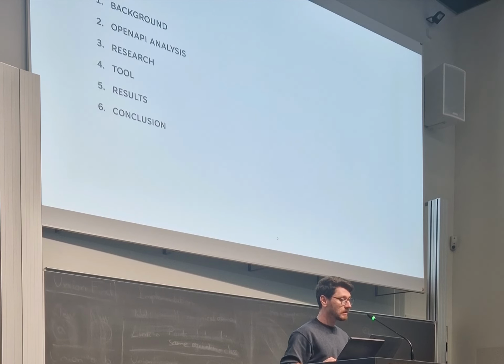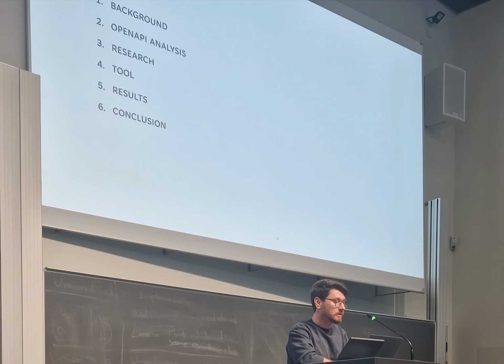So today's agenda: I will discuss a bit about the background and how I ended up doing this research. Then we will jump into OpenAPI analysis. What is the purpose of OpenAPI? Why is it important? And what is the attack surface? Then I will discuss some of the research ideas that came to my mind while looking at the specifications of OpenAPI.